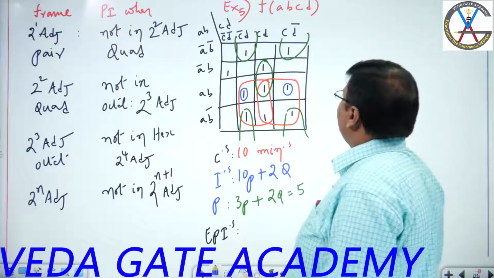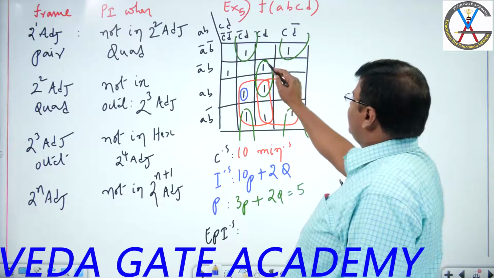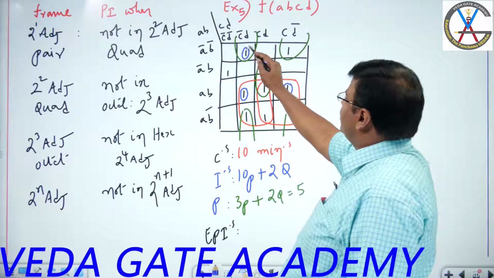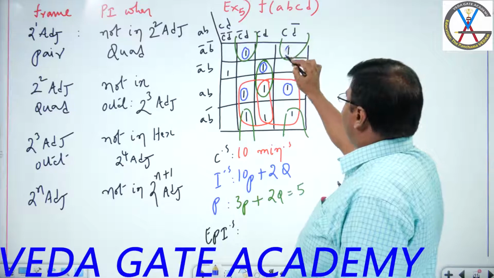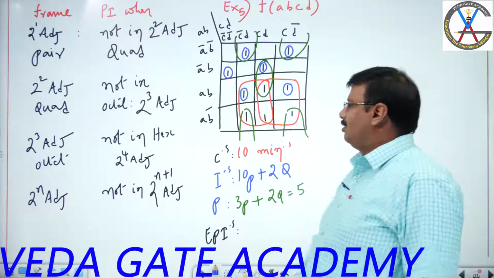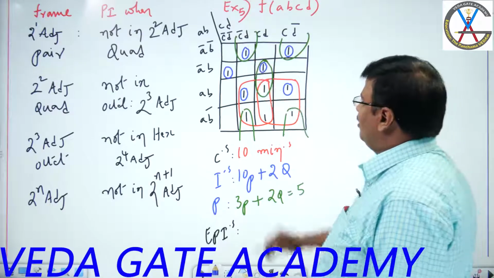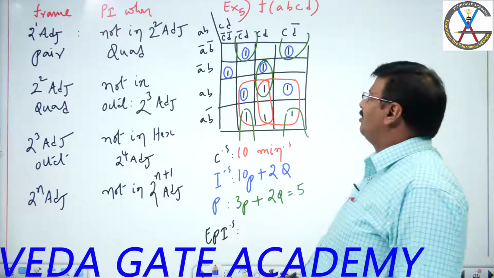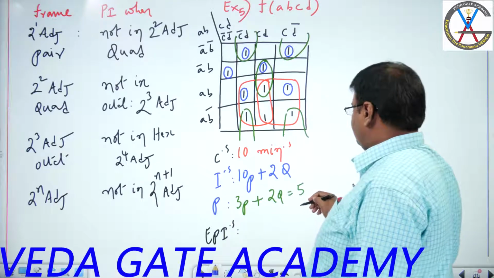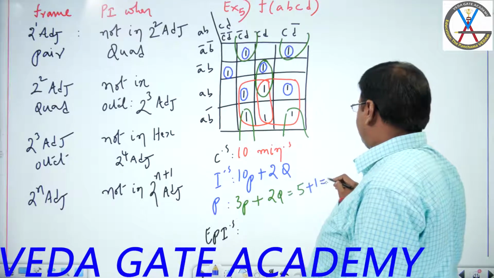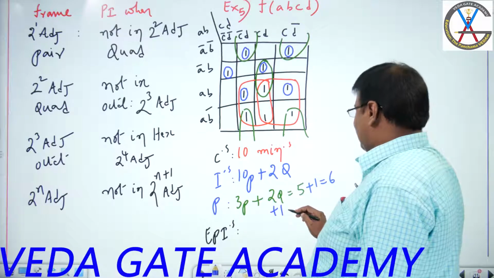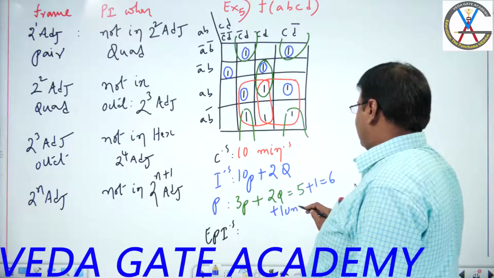So 2 quads are unique. This pair is unique by this, this pair is unique by this, this pair is unique by this. And the single one is however unique. And the prime implicants, anyhow, one more is there here: a single term. Plus 1, 2 quads plus 1 single term, 1 unminimized.